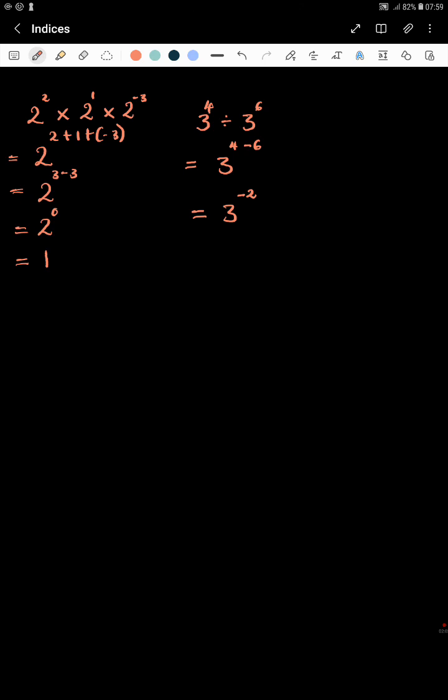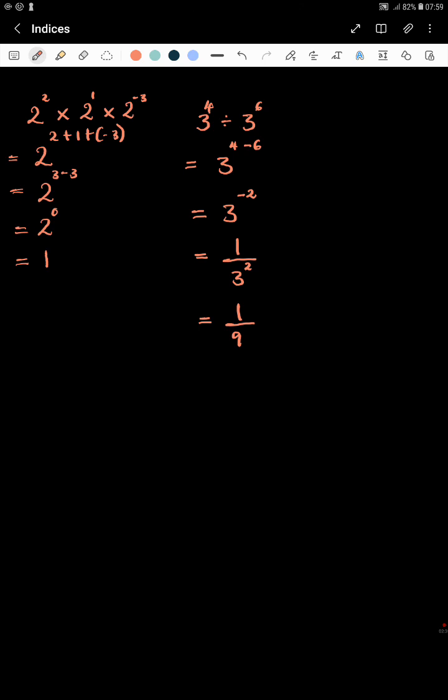According to the laws of indices, any number raised to a negative power is equal to the reciprocal of that number raised to a positive power. So 3 to the power minus 2 will be 1 over 3 to the power 2. Here it's not simplified. You have to simplify the denominator, which gives you 9, and your answer will be 1 over 9. Let's look at another example.